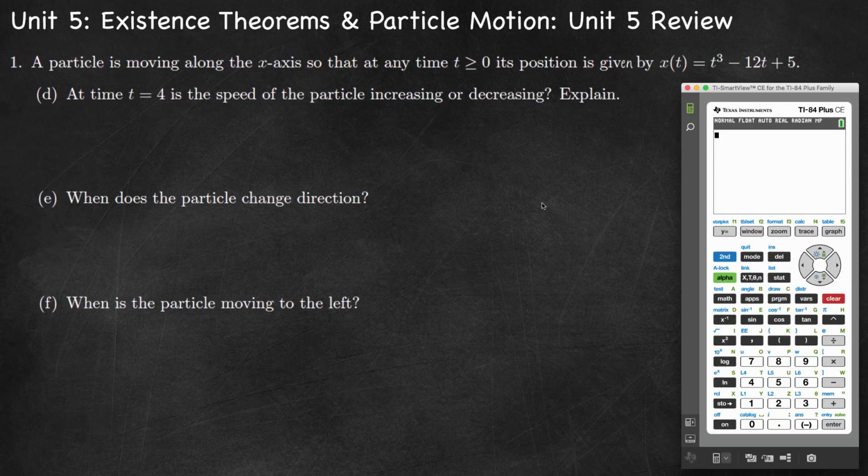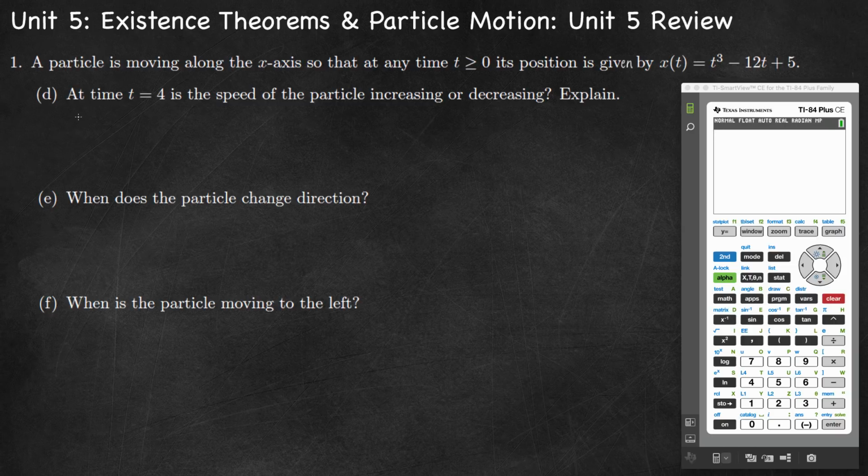Part D, at time t equals 4, is the speed of the particle increasing or decreasing? Since I have the position equation, I'm going to work with my equation. I need to know if my velocity and acceleration have the same sign when t is 4 or opposite signs.